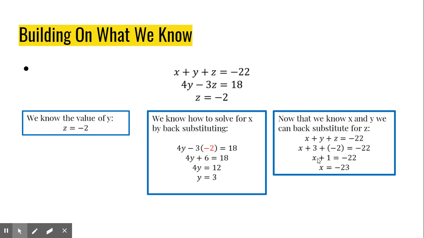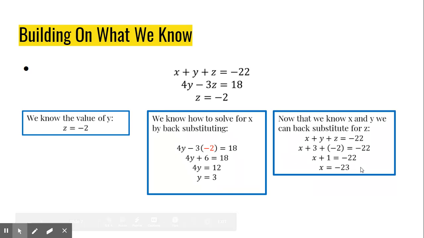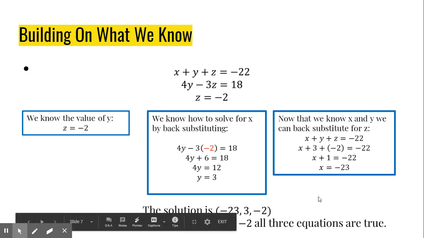So now we have x plus 1 is equal to -22. Subtracting 1 from both sides, we end up with our value for x. That means the solution is -23, 3, and -2.